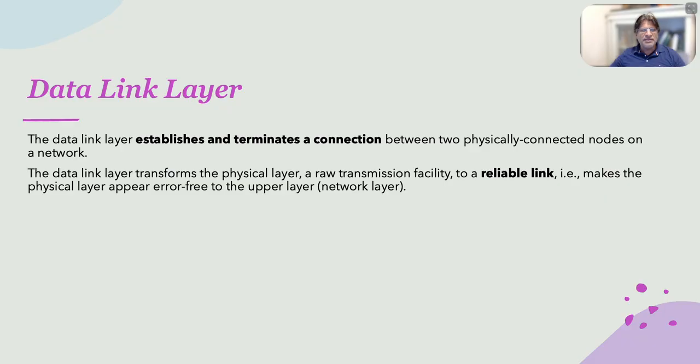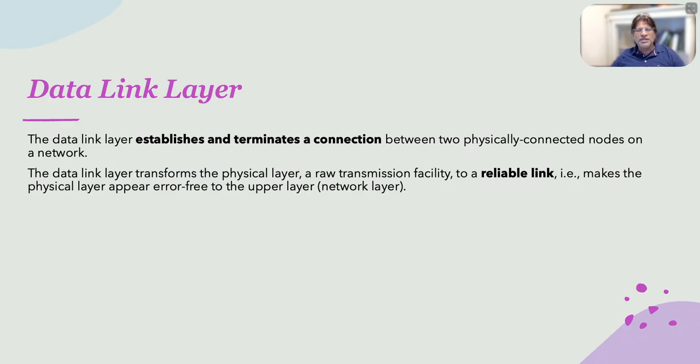The data link layer transforms the physical layer, a raw transmission facility of ones and zeros basically, of voltage pulses. And we'll look at the details later on how the voltage pulses look like and so on and so forth. But for now, we need to understand the physical layer is built up of ones and zeros, right?